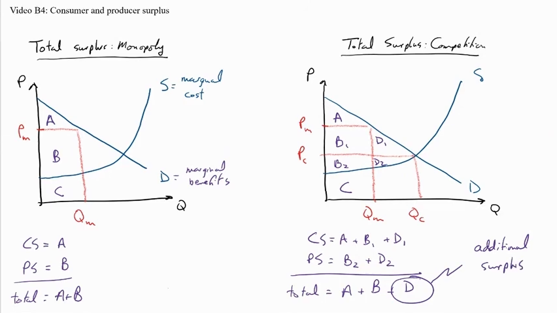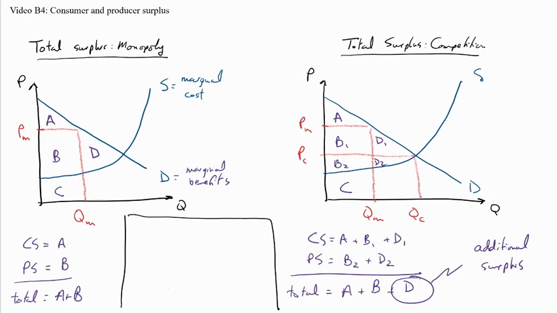Let's move back to the graph of monopoly now and look at that. We can add that area D back into our original graph, and we can think about what that means. That area D represents consumers who are no longer purchasing the good, and it's also production that is not happening by the business.